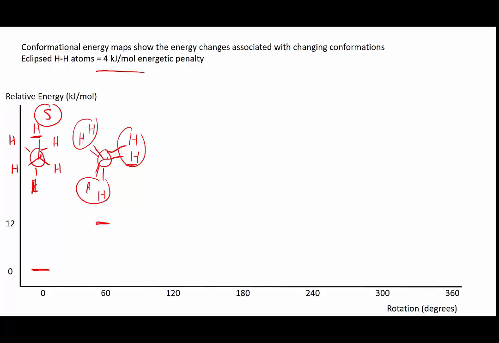As we rotate again, we're going to hold the back hydrogens the same place. We're going to relax from this eclipsed conformation where there's a lot of strain, and we're going to end up with a new staggered conformation, back to a 0 energy state.